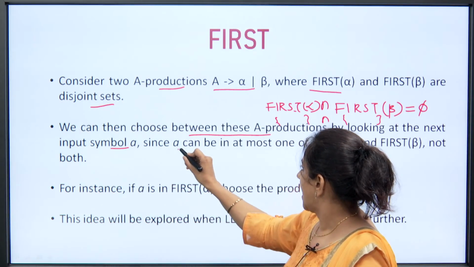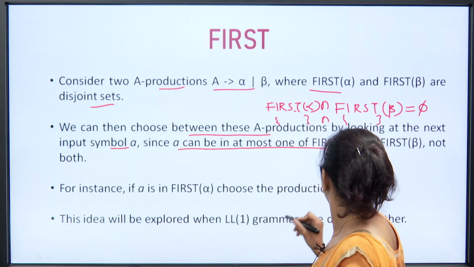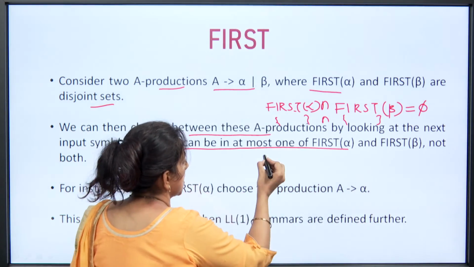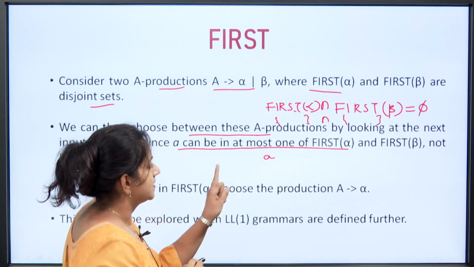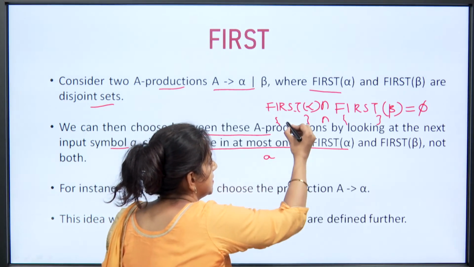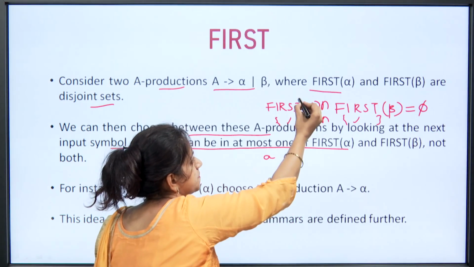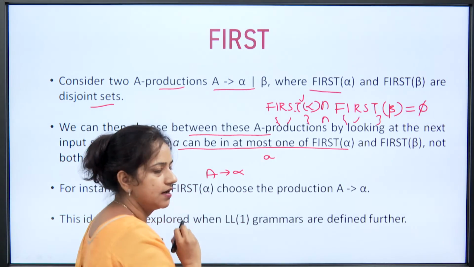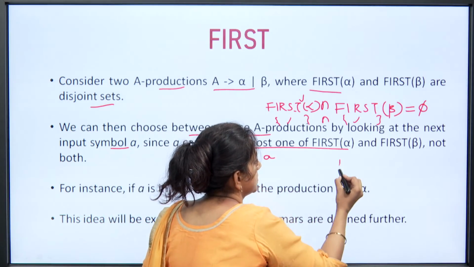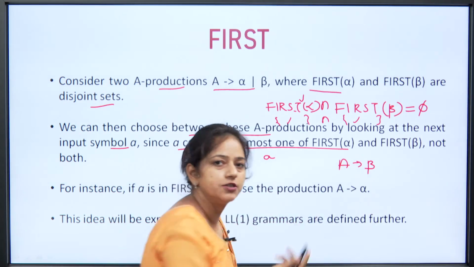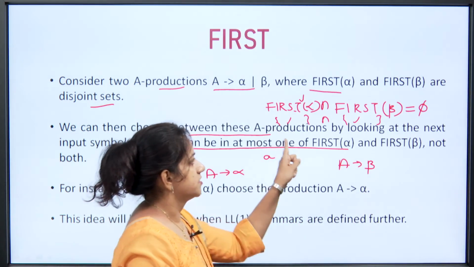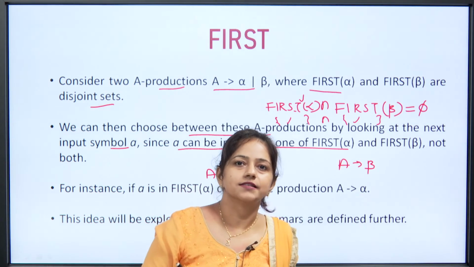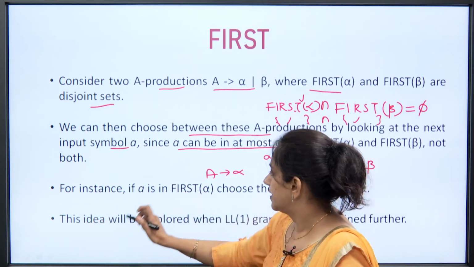Since a can be in at most one of first of alpha or first of beta, but not both, we check whether a lies in this set or that set.